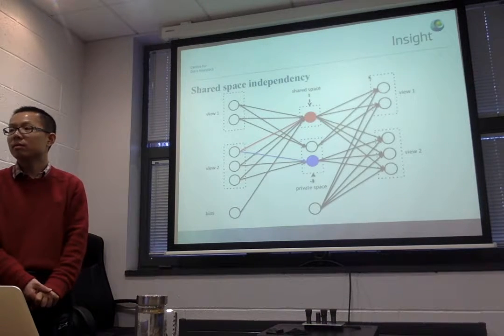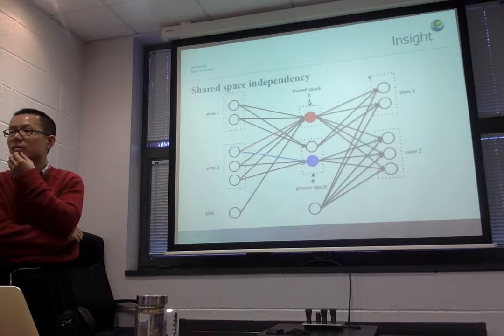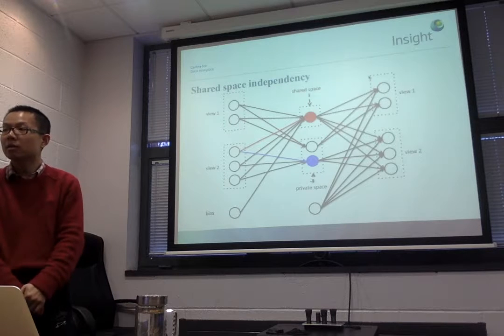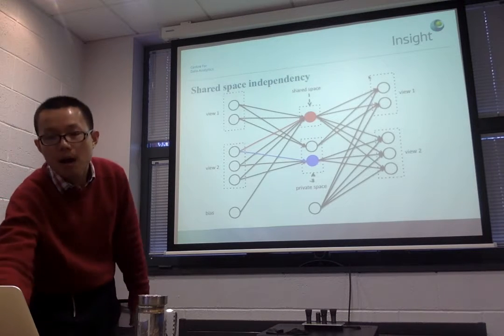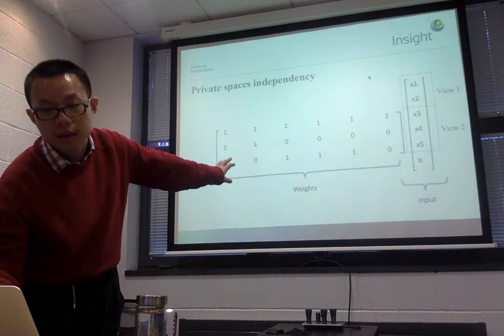And you said that what is different in your method is the use of this shared versus private space and how you build the connections between the inputs and the shared and private spaces. Do you have any ideas on how or why you enforce orthogonality by using the weights in the way you do?